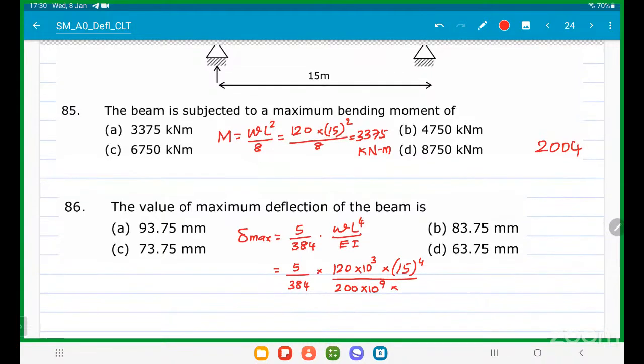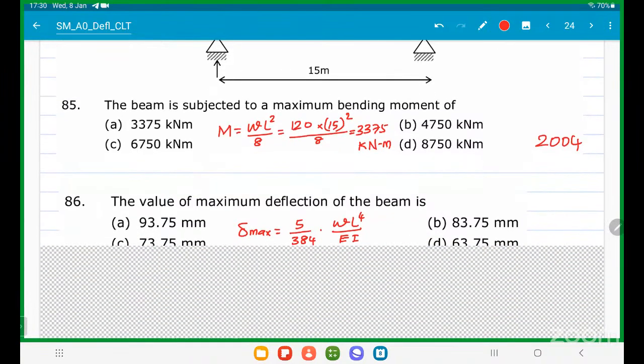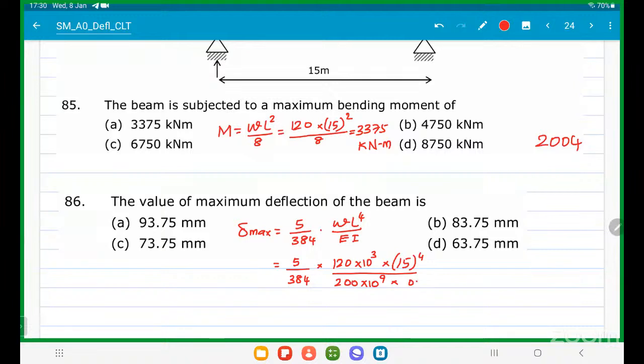Into I. I dimensions are given, width 120 mm, height 750 mm. 0.12 into 0.75 cube by 12. 12 will go to numerator. Now tell me the answer. Answer will be in meter. Tell me the correct value. Don't make any round off.